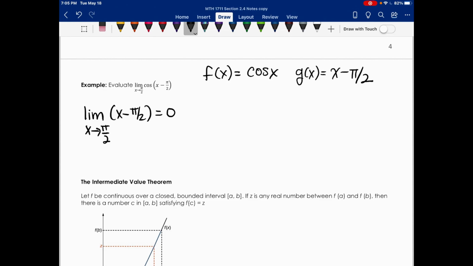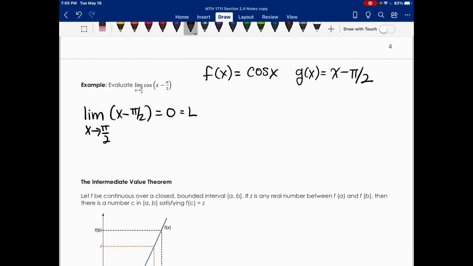Now the next question is, that limit, this is our value of L from the theorem, is that point continuous on the outer function? If you look at the graph of cosine, we know that cosine is that wave function, and there's no asymptotes or holes, and it goes on forever.